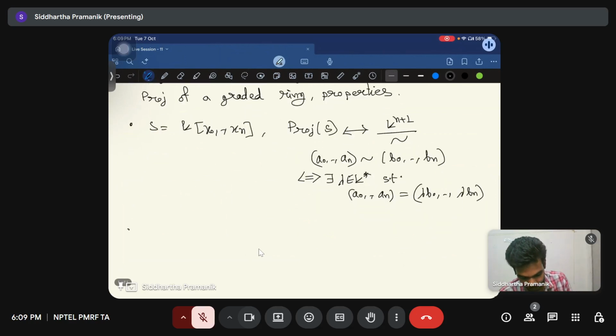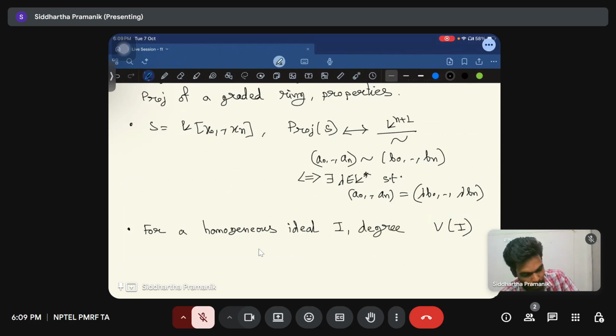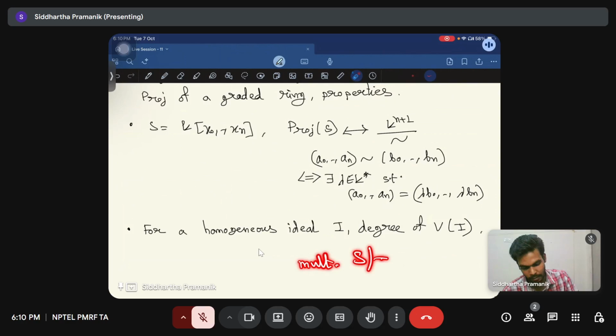After that, for a homogeneous ideal I, we have the subset V of I, which is a subset of Proj of S. We defined the degree of this V of I as the multiplicity of S mod I. Because I is a homogeneous ideal, S mod I is also a graded ring, so we can talk about the Hilbert series and Hilbert polynomial.